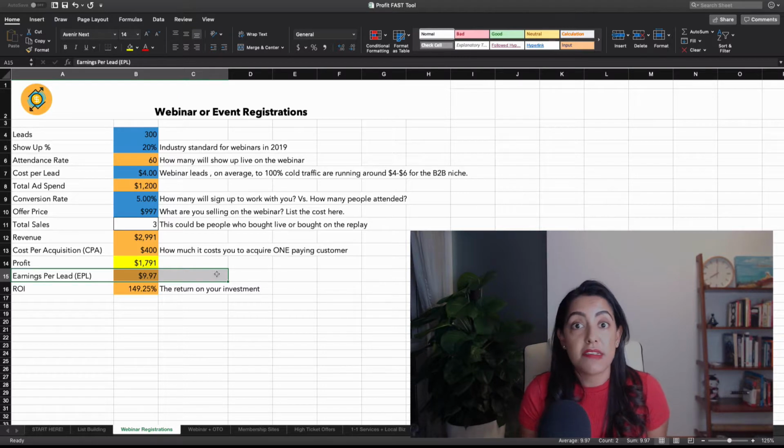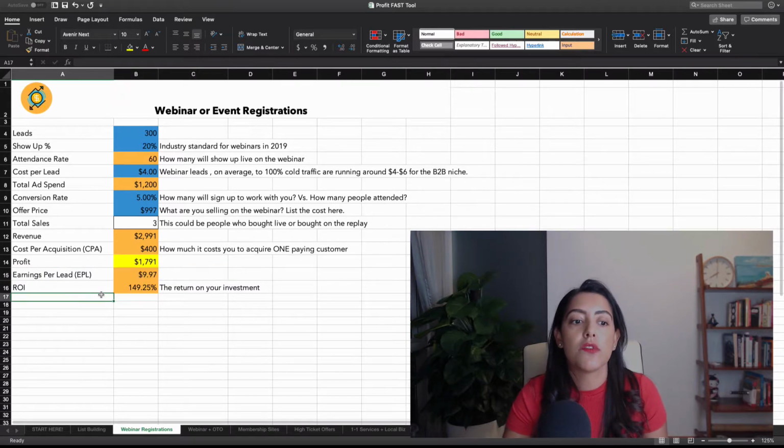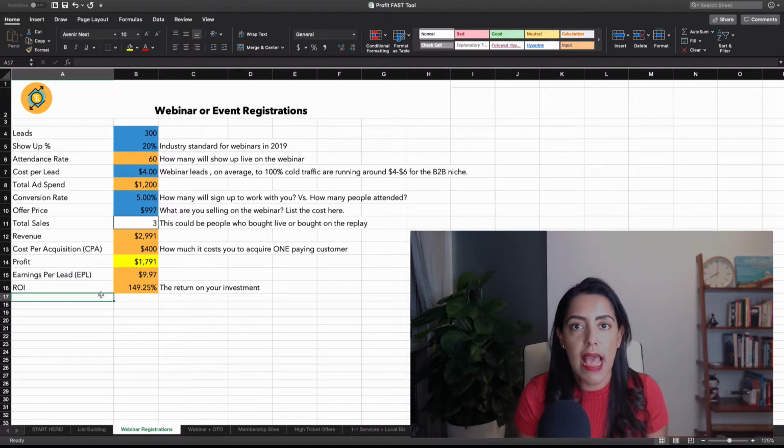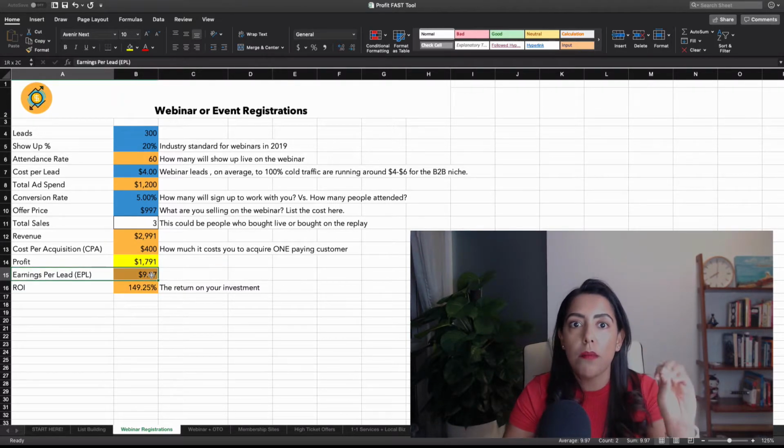Obviously, it would be better if you were paying less, but this is how you know exactly how much you should be paying. And then you get to decide what's the profit margin that I want to attempt to go for. So it's all broken down for you here so that when you finally run that first ad, you know exactly the number that you have to aim for in order to hit those money goals.